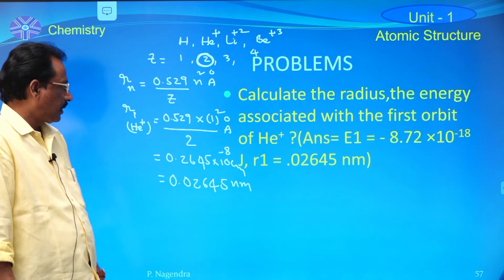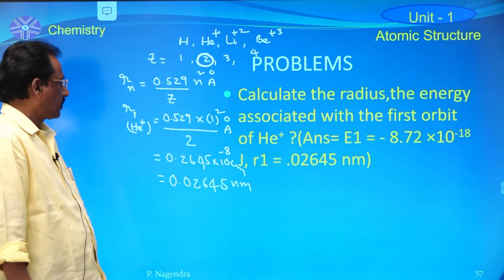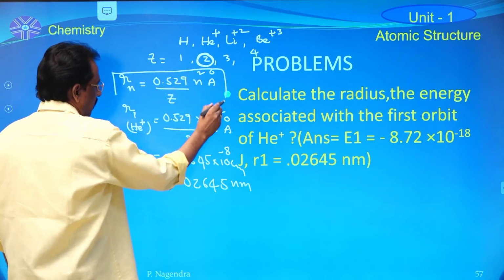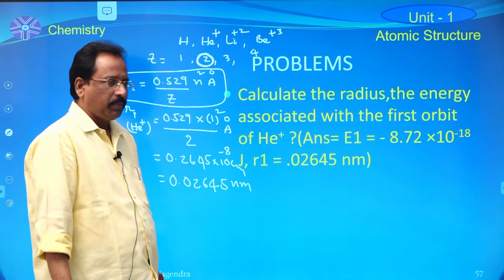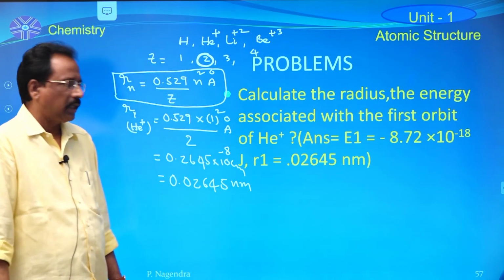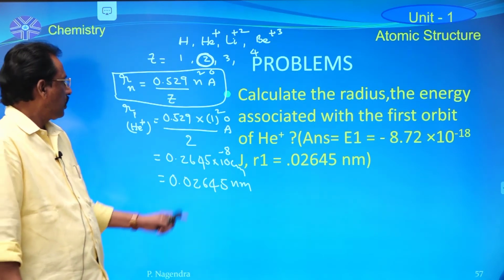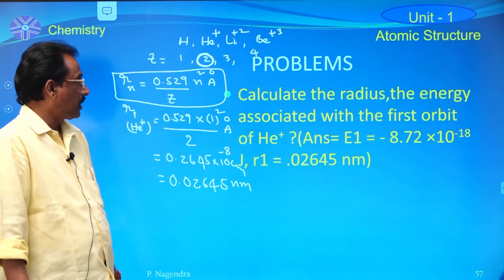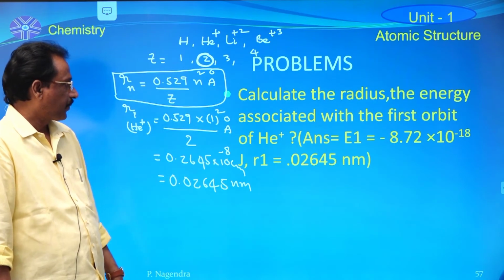This is nothing but 0.02645 nanometers. So this is a very important formula. That means Bohr's theory is applicable to hydrogen atom and hydrogen like ions also. So radius of the orbit and energy of the orbit is applicable to hydrogen like ions also.